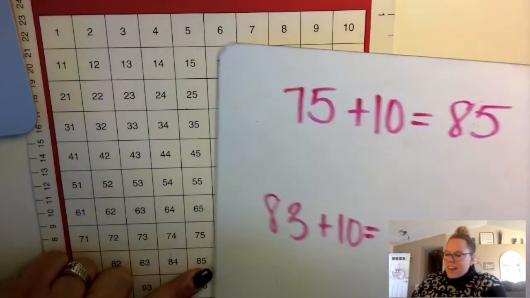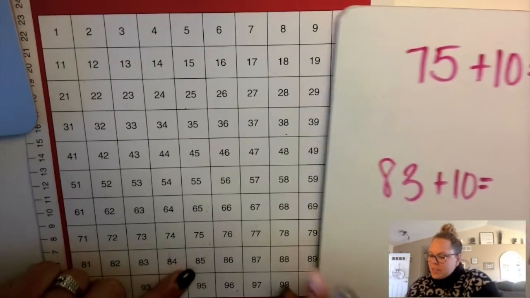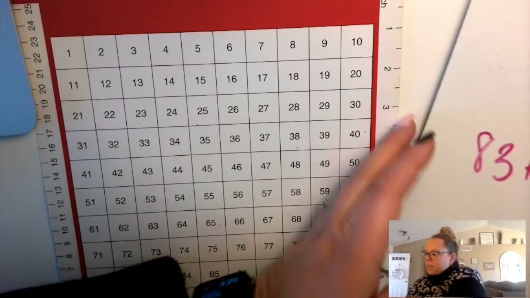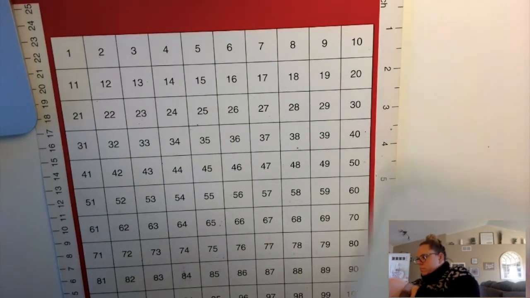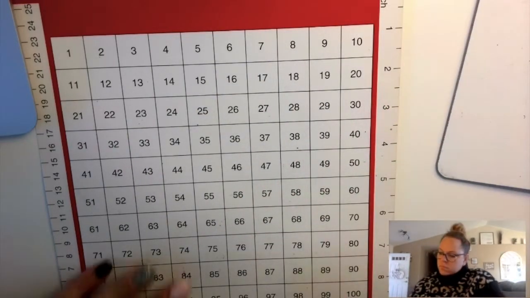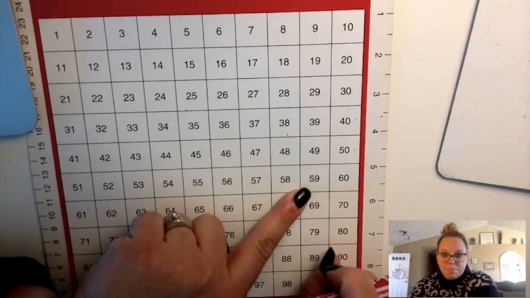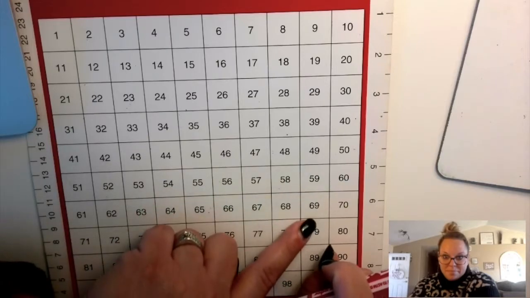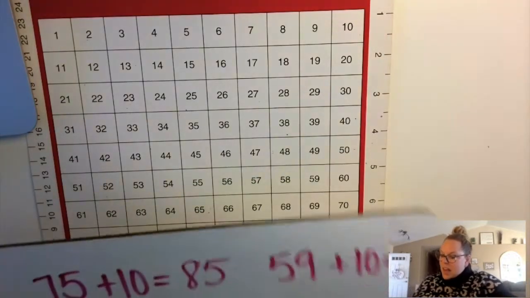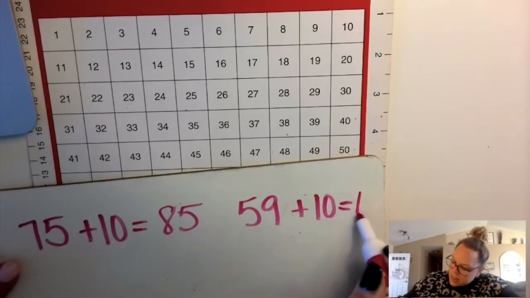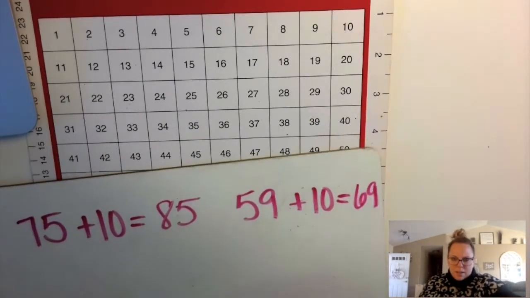What about 59 plus 10? 69. So 59 plus 10 is 69. Sorry, I had to write that one so small.